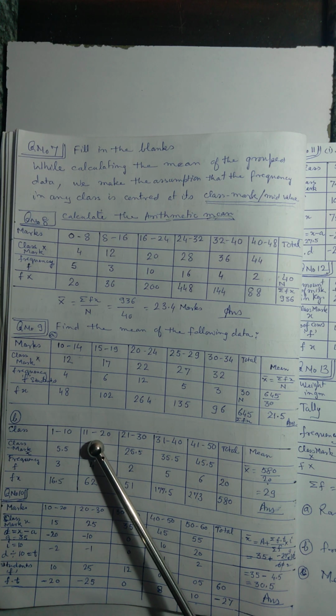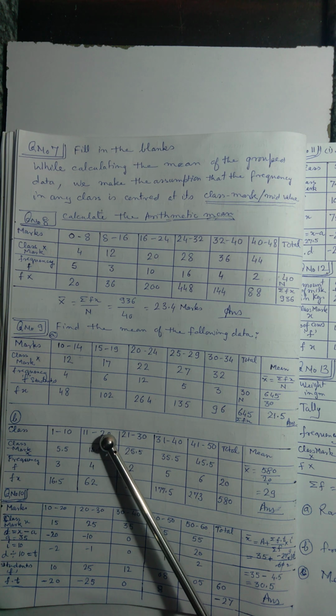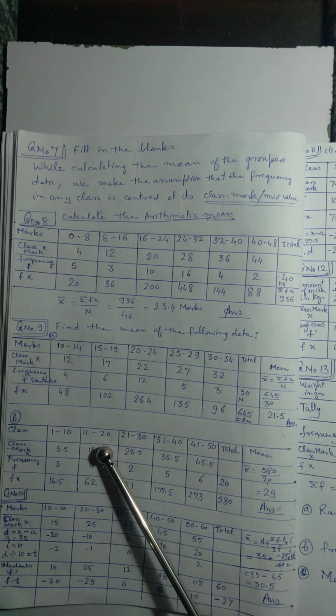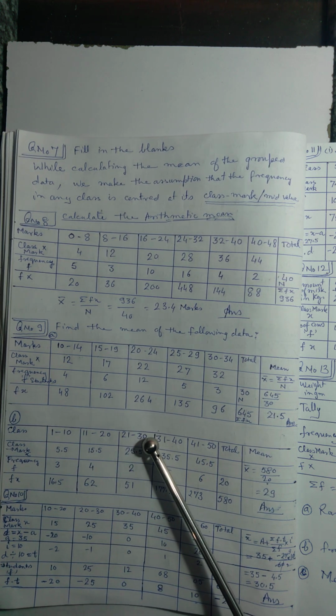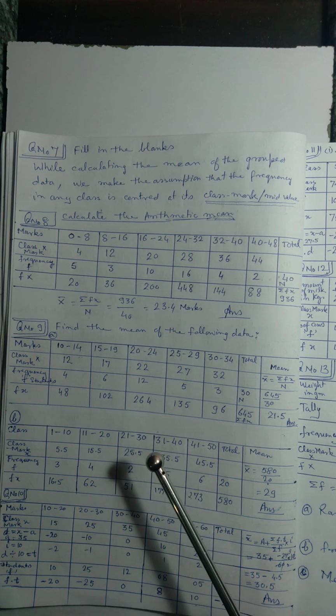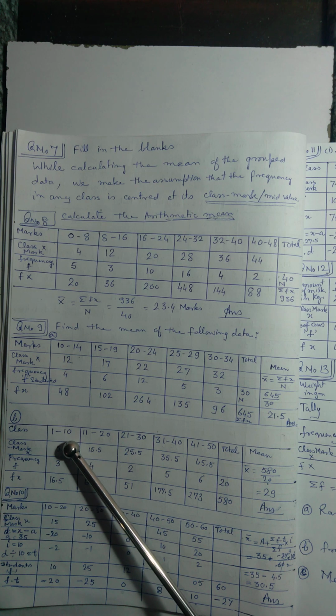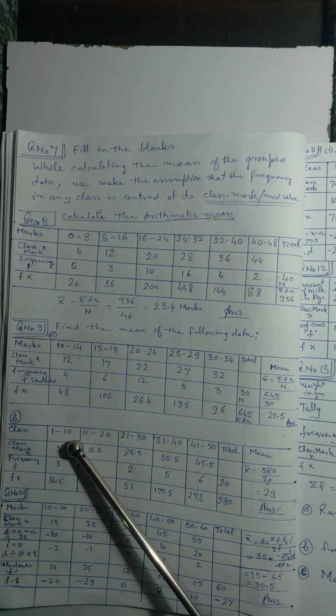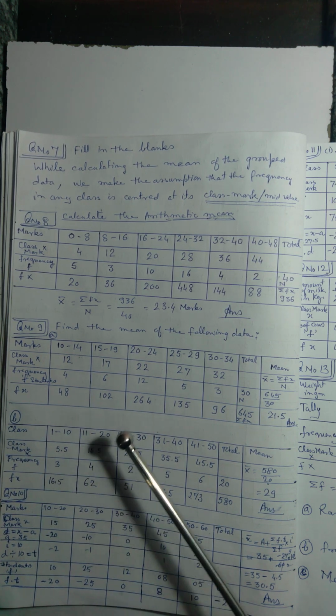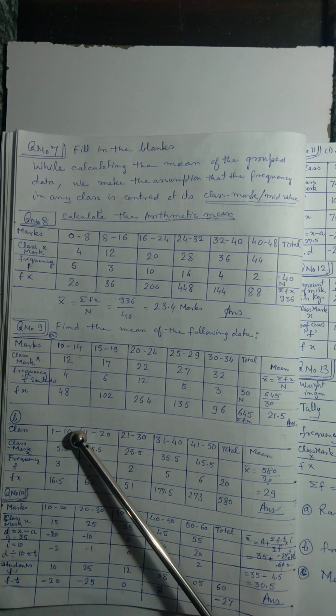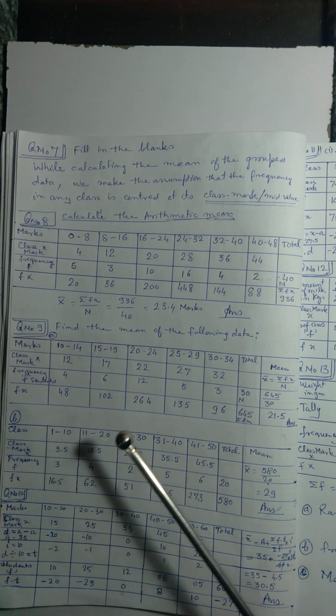Similarly in this class also 11 and 20 both will be included. In case of exclusive classes, the upper limit will be included in the next class, but here the upper and lower limits both will be included in the same class.